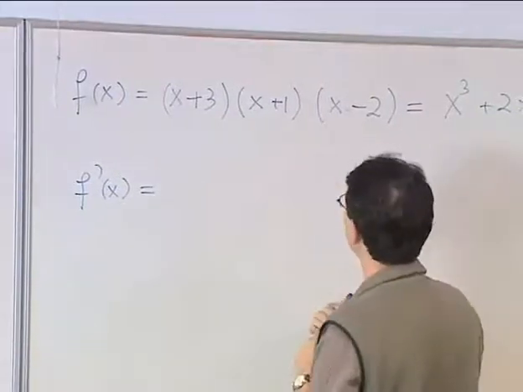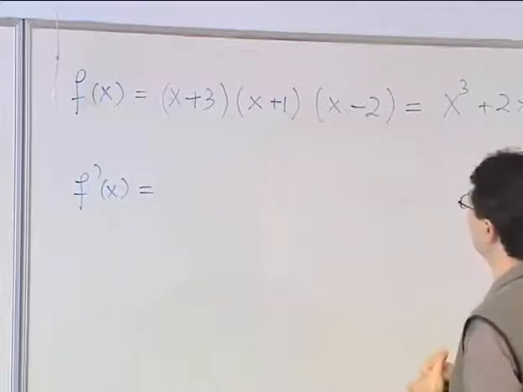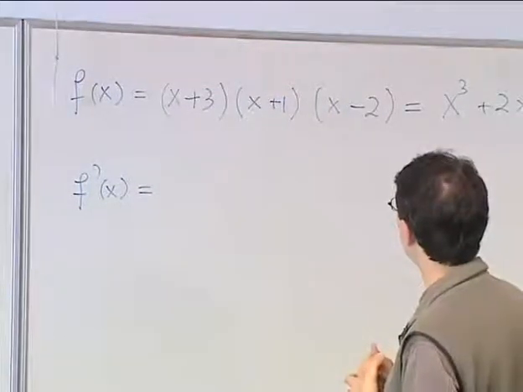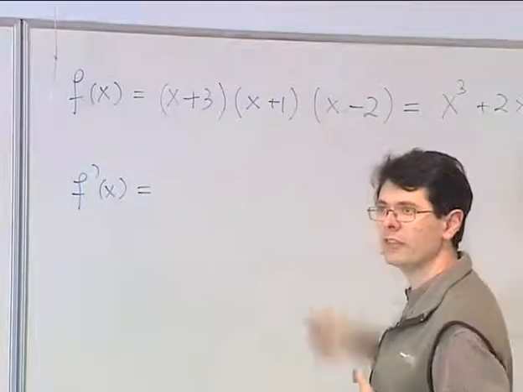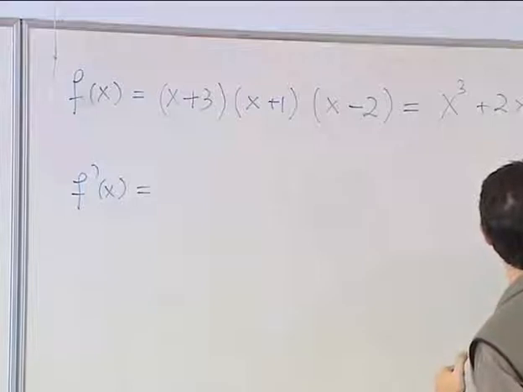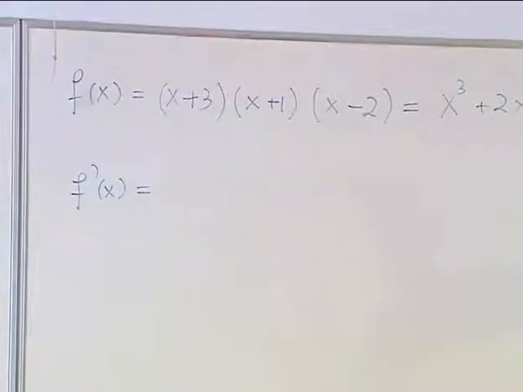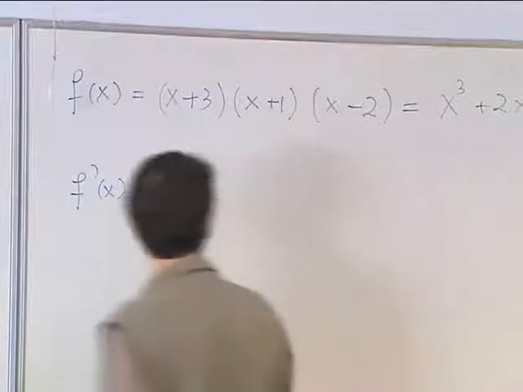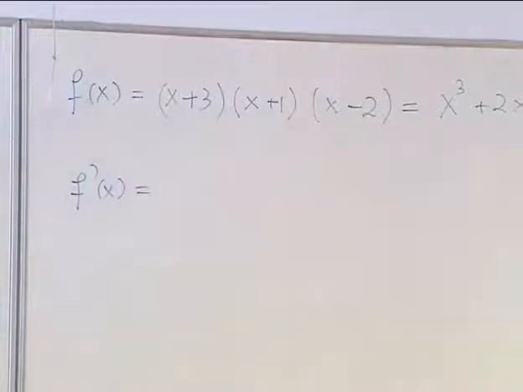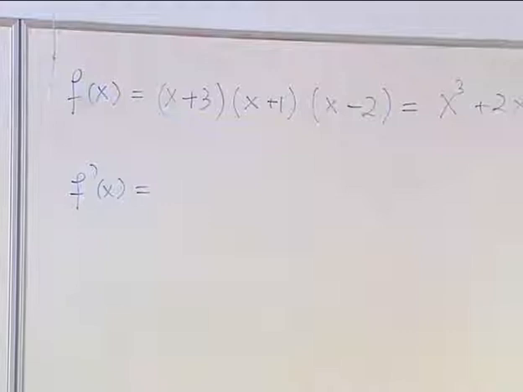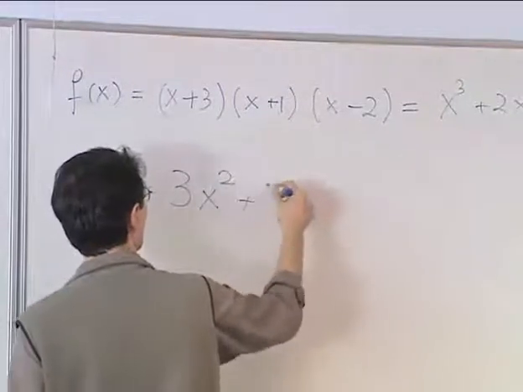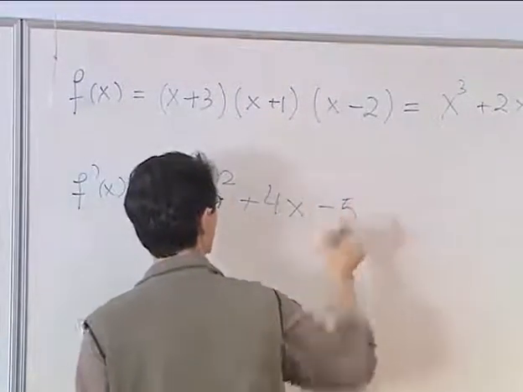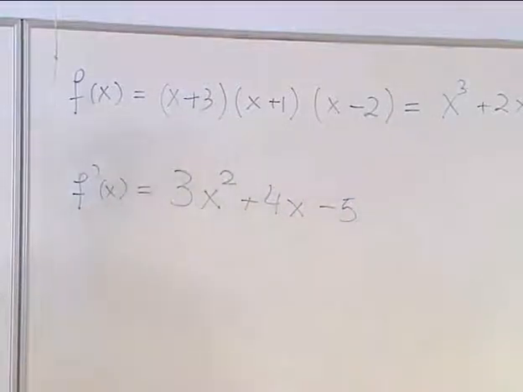Now let's see, this is x. Negative 2 plus 3 is 1. Minus 6 is negative 5. 6. I hope I didn't make a mistake. Check my work, please. That's the derivative.